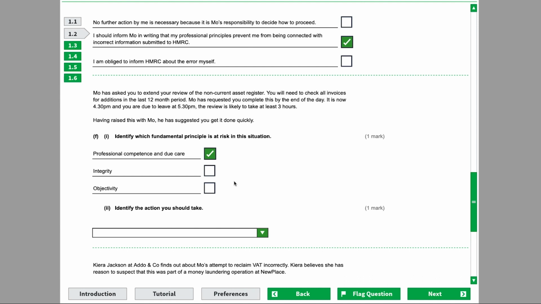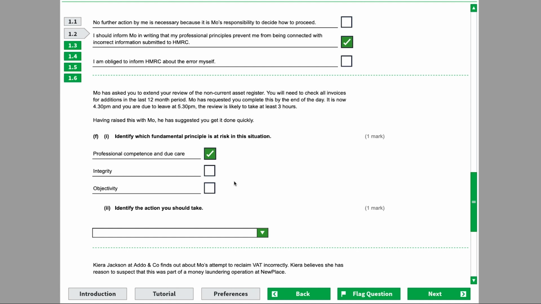If you know that this job should take roughly 3 hours, then it would be nigh on impossible for you to do it with due care within 1 hour, which is suggesting that if you start it at 4:30 and you were leaving by 5:30, you've got an hour to do a job that should take 3 hours. So the big risk here by rushing it is that you've not taken that due care and there could be mistakes. Fairly straightforward on that one.